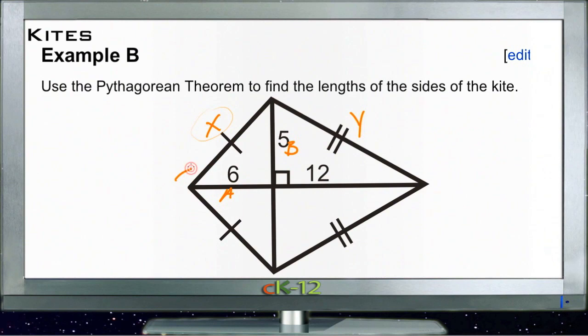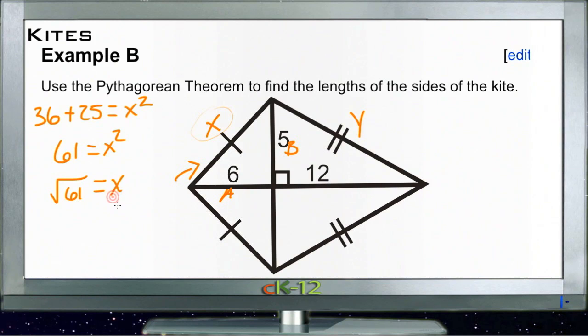So for the upper left-hand side here, side x, we can do 6 squared, which is 36, plus 5 squared, which is 25, equals x squared. Well, 36 and 25 is 61, and that's going to be equal to x squared. So that means that the square root of 61 must be equal to x.